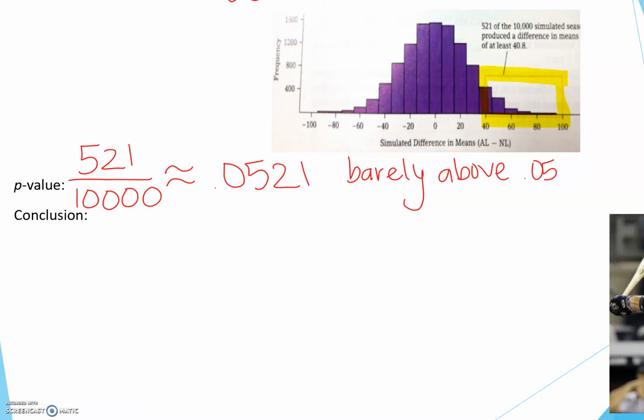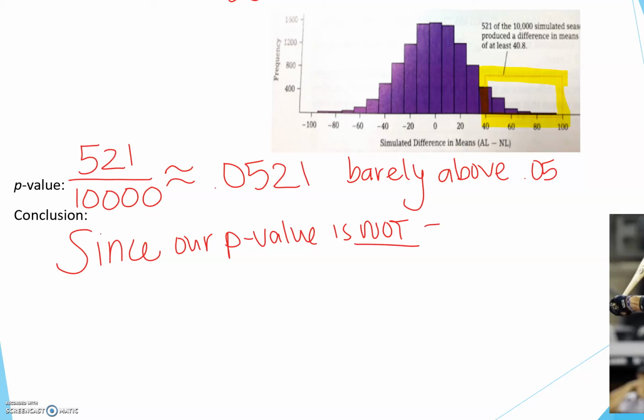So here is our conclusion. A lot of y'all try to rope this in with interpretation. Since our p-value is not small, it's greater than 0.05. Anything 0.05 and higher is considered not small.